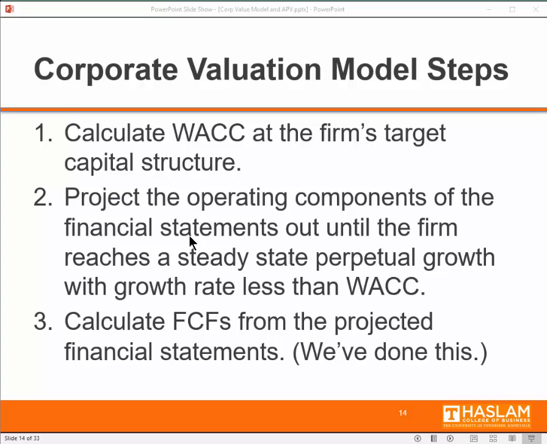And that growth rate has to be less than the weighted average cost of capital. If your company is growing faster than the WACC, if g is bigger than that, then you just have to keep on projecting it out until it won't. That might be 20 years, but you need to project out until the growth rate is less than the WACC. From that, calculate the free cash flows from those projected financial statements.